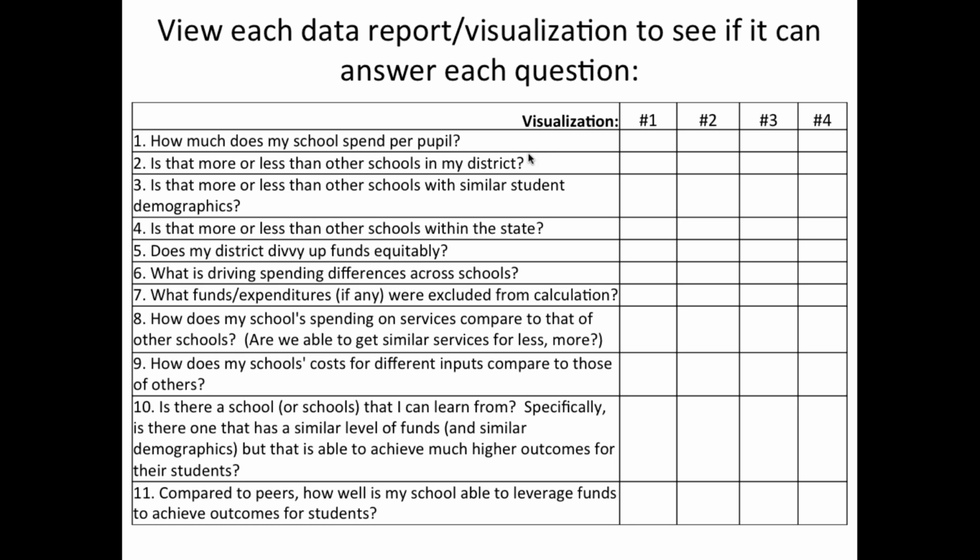This question number 5, does... equitably? You know, what we can see is how much the other schools are getting in the district, but we don't have any more picture to say. So we might be able to say, are they divvying them up equally?